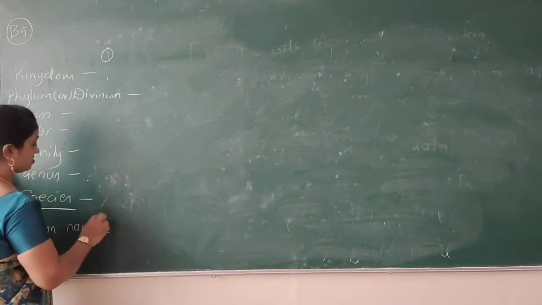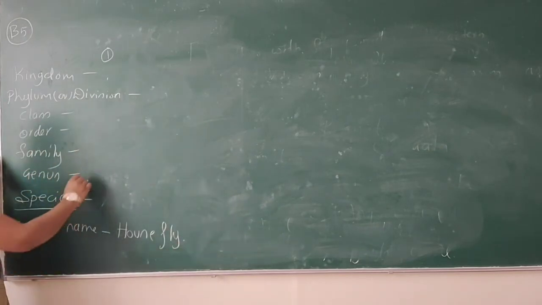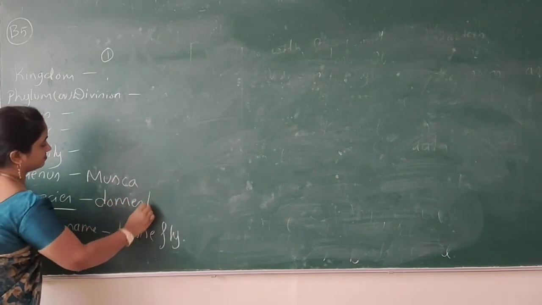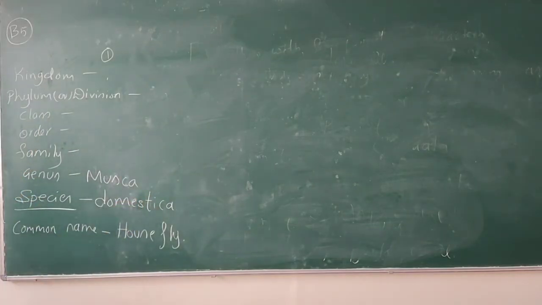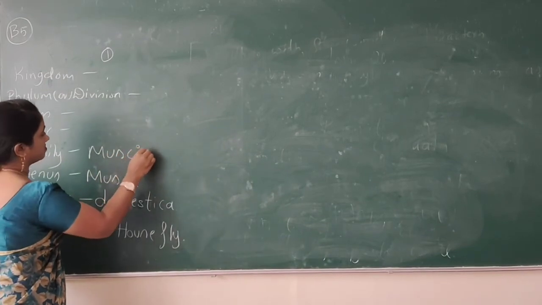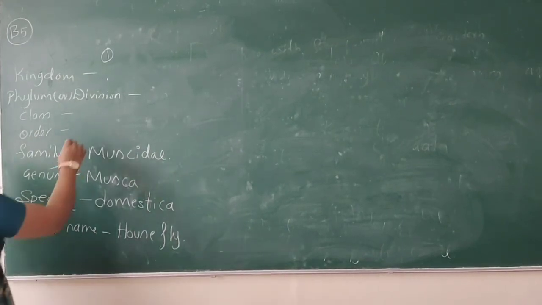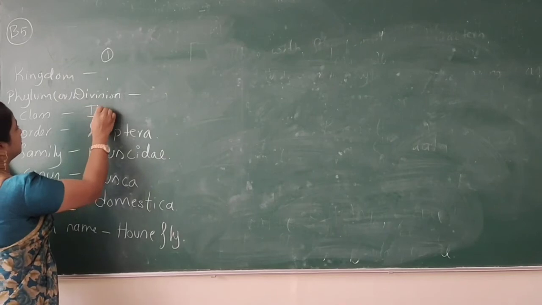The common name is housefly, and the scientific name is Musca domestica. Just write it, domestica. This Musca domestica comes under the family Muscidae, the order Diptera, and class Insecta.